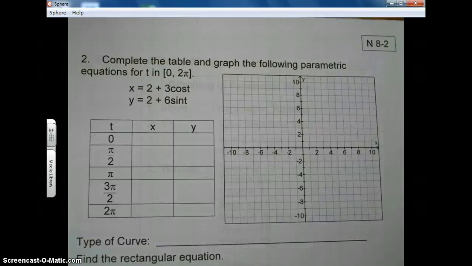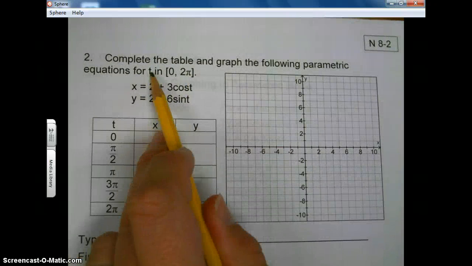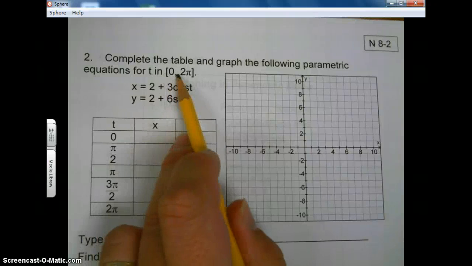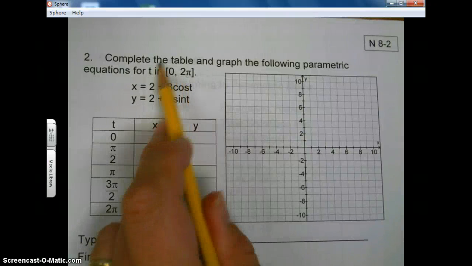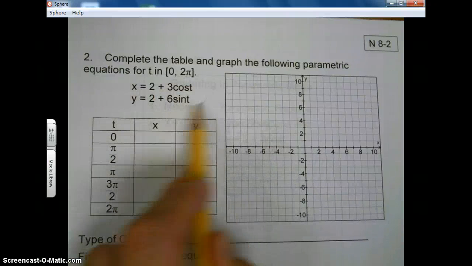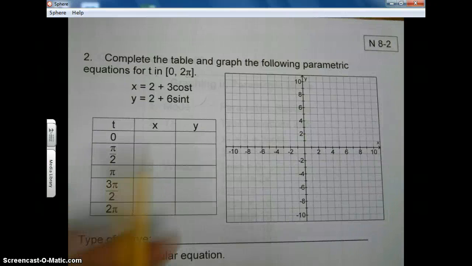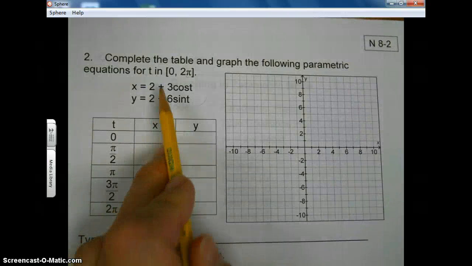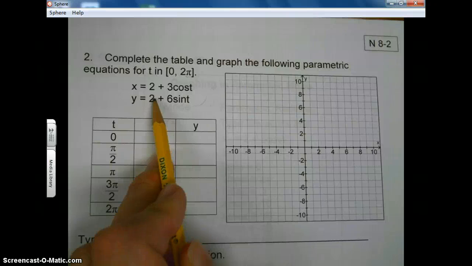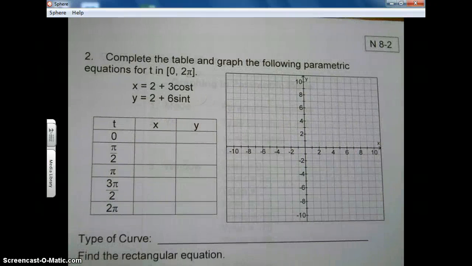Okay, problem number 2. Complete the table and graph the following parametric equations for t in 0 to 2 pi. Again, we're dealing with an angle in radians. Notice how these parametric equations are different than the last ones that we dealt with. I wonder what the 2 and the 2 being added will do to our graph?